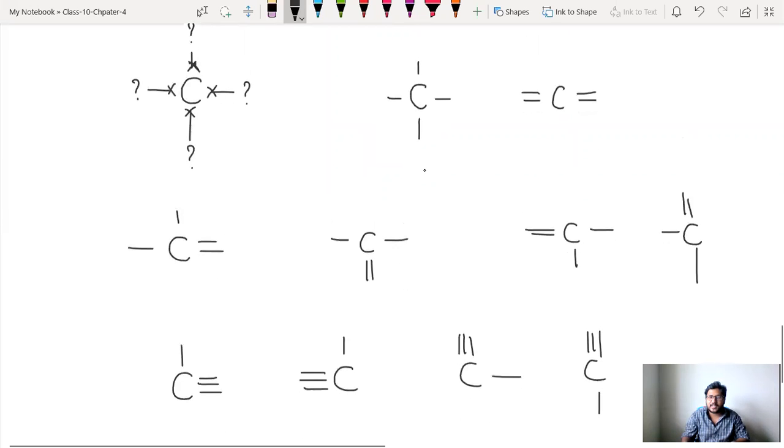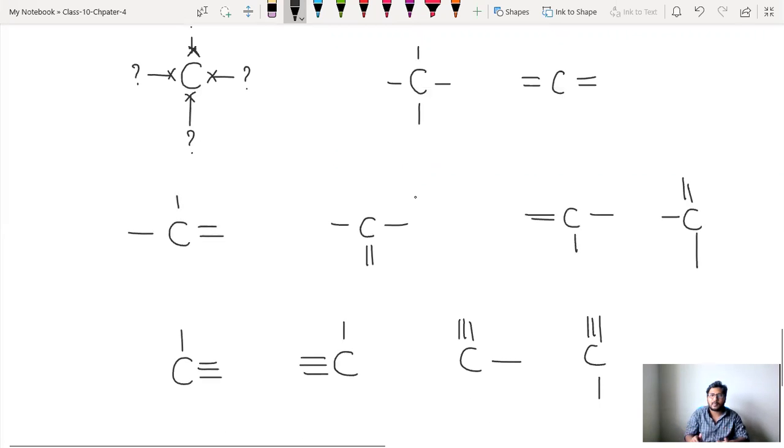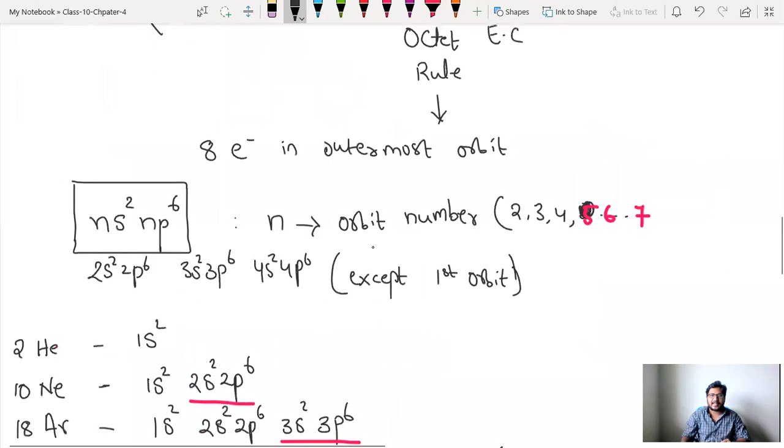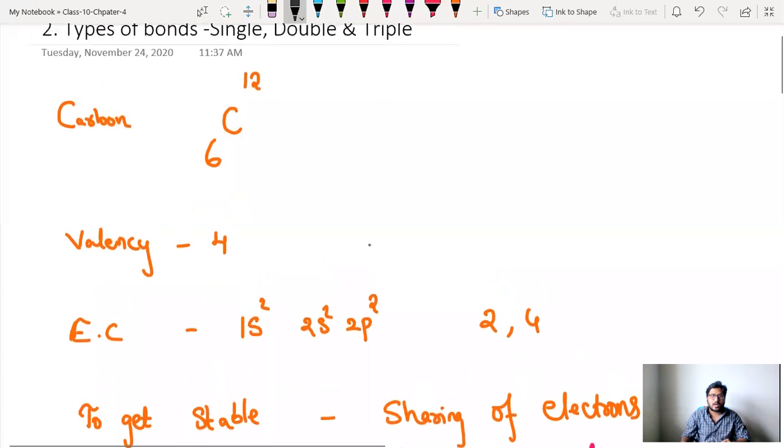Now, while you are representing these bonds, only one thing you have to remember: there are 4 valency electrons, and it is waiting for 4 extra valency electrons to get stable. That is the concept you have to understand. Carbon symbol is C, atomic number is 6, valency is 4.